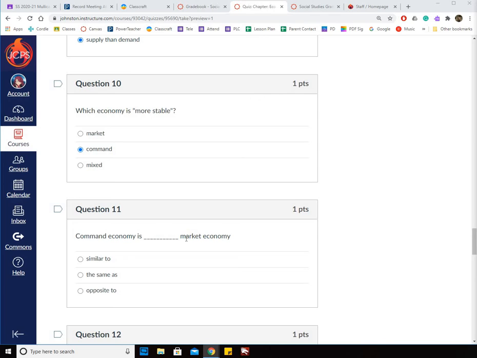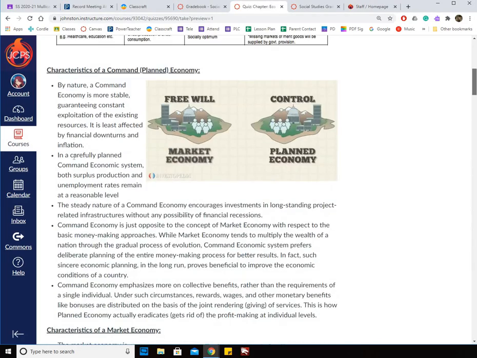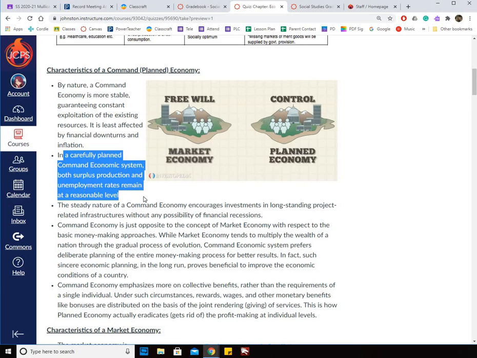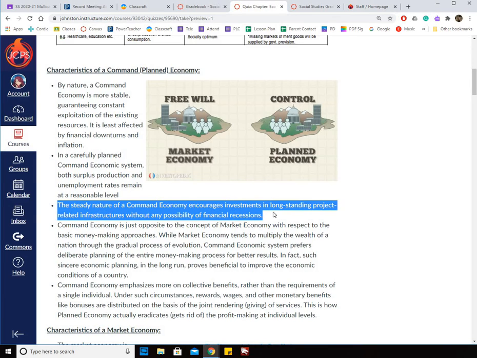Command economy is blank market economy. So similar to, the same as, or opposite to. All right. In a carefully planned command economic system, both surplus production and unemployment rates remain at a reasonable level. That never happens, by the way. The steady nature of a command economy encourages investments in long-standing project-related infrastructures without any possibility of financial recession.